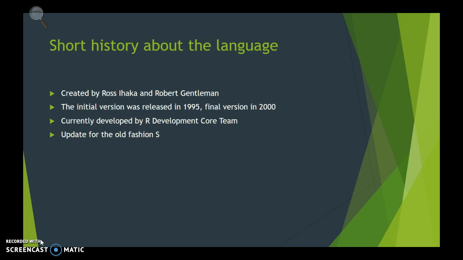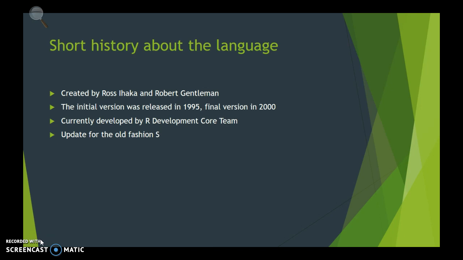It was created by two New Zealand students named Ross Ihaka and Robert Gentleman, and is the result of one of their academic projects started in 1992. An initial version of this language appeared in 1995, 3 years later. The final version that nowadays we are able to run was released 5 years later, in the year 2000.